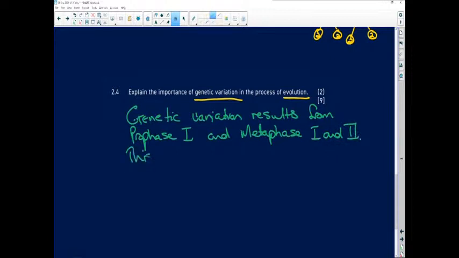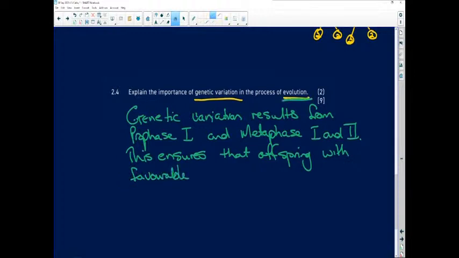This ensures that offspring with favorable conditions, or favorable, because remember they're talking about evolution, which is natural selection and survival of the fittest, and genetic variation.